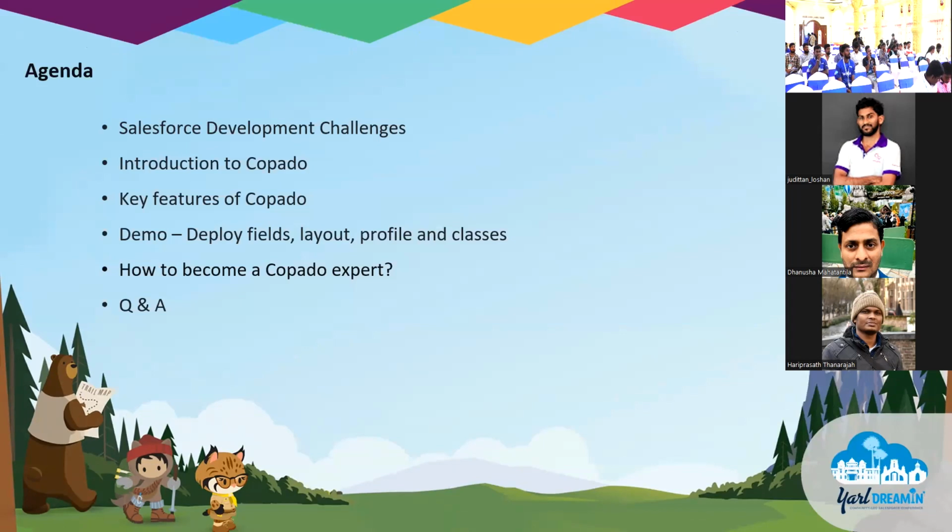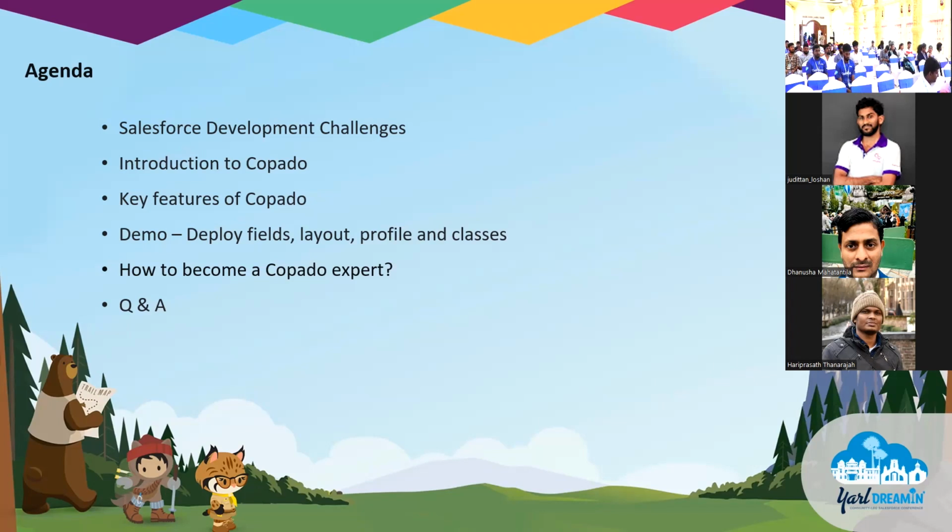So these are the topics that I'm going to cover in this session. I'm going to discuss what is Copado and why it is so important to have in the development and deployment procedure by comparing it with the existing tool like ChangeSet and other tools. I will also list down some of the capabilities of Copado, and there'll be a demo.